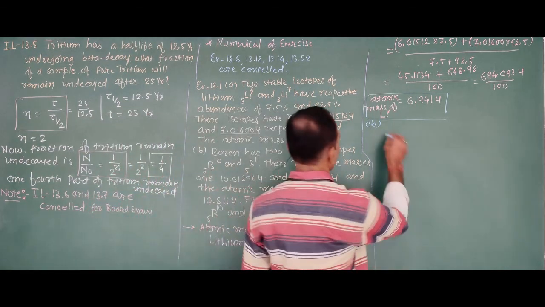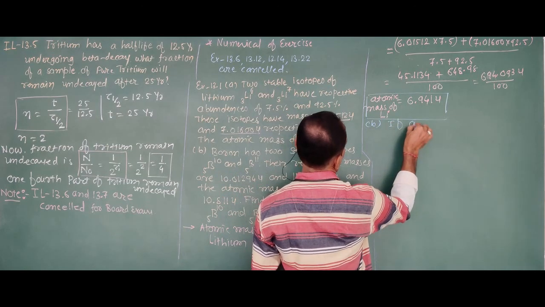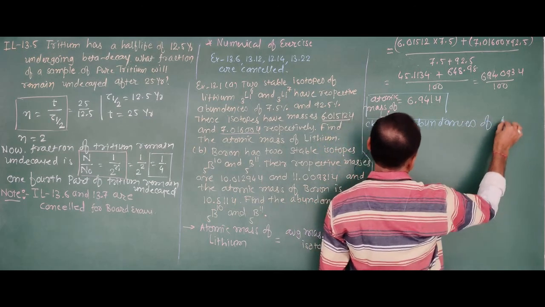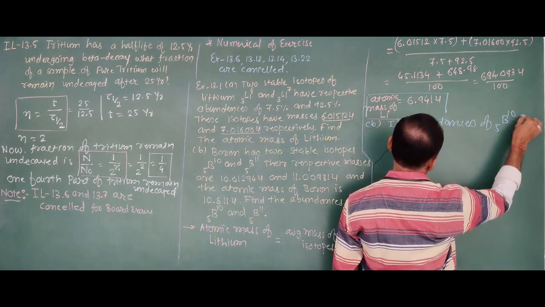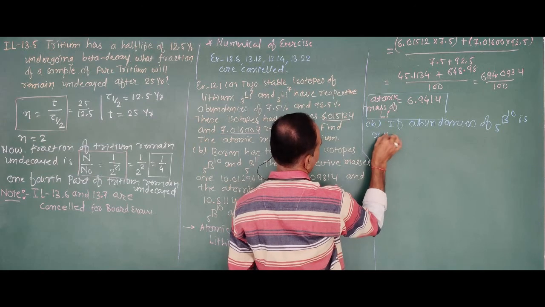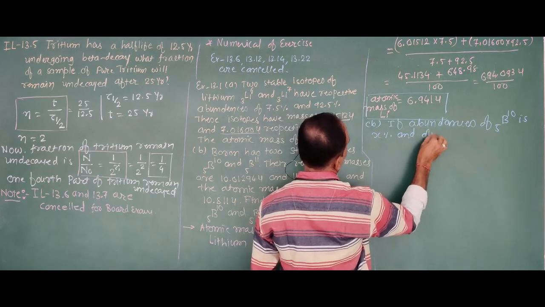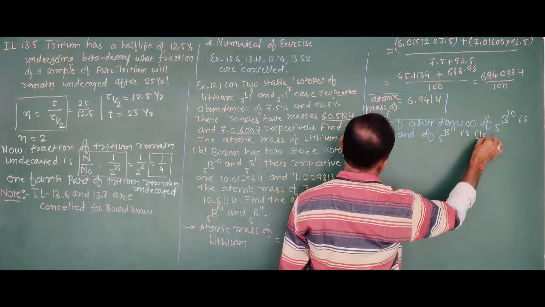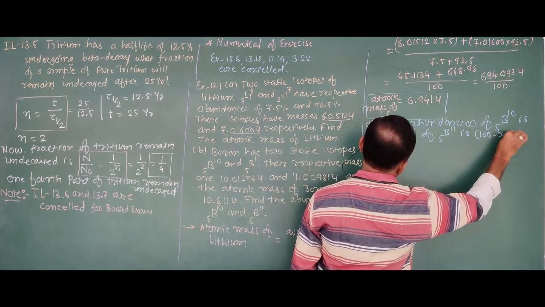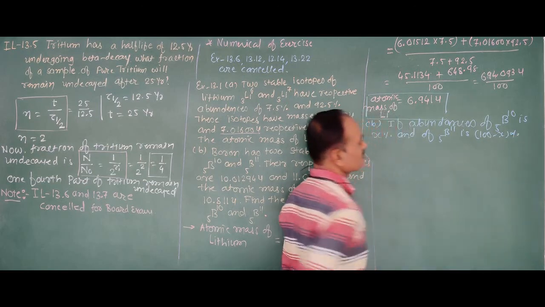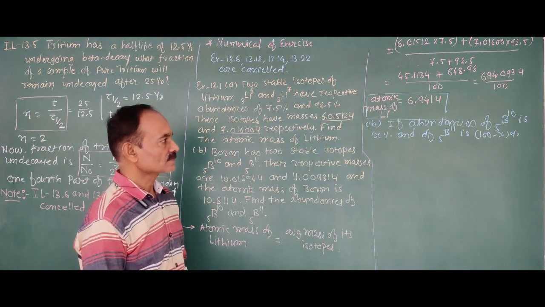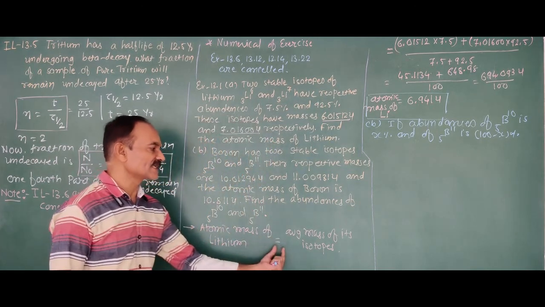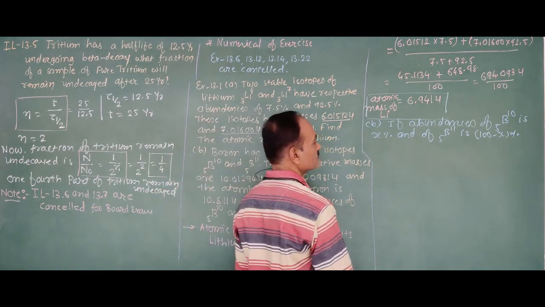So if the abundance of boron-10 is x percentage, then that of boron-11 is 100 minus x percentage. Therefore, atomic mass of boron is equal to the average mass of its isotopes.